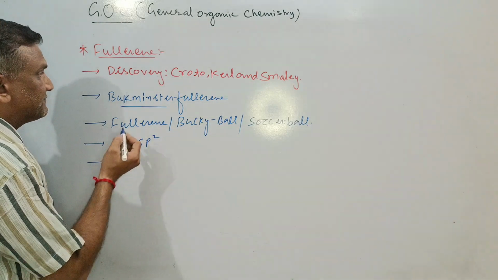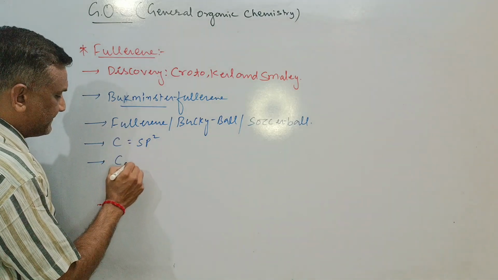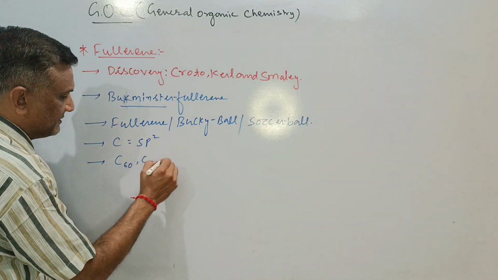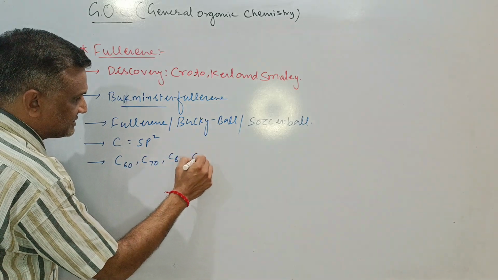There are a lot of species of fullerene: C60, C70, C80, C90.